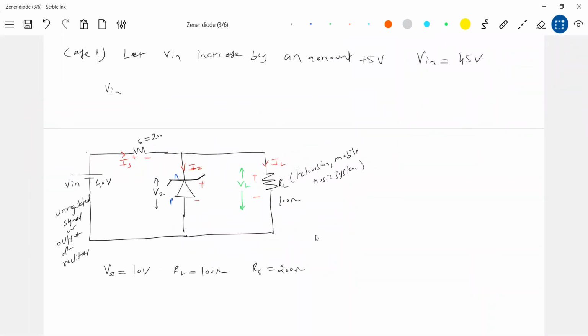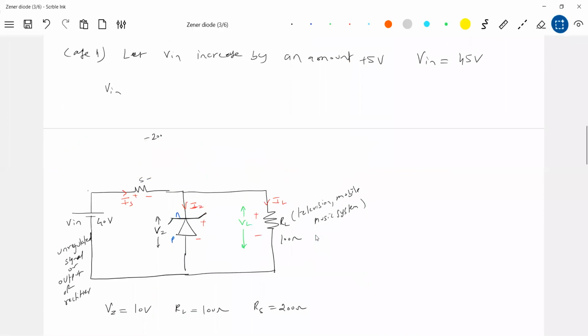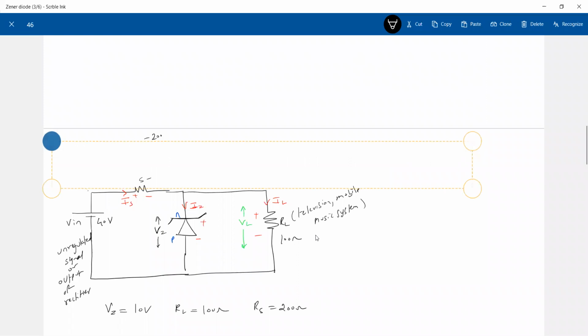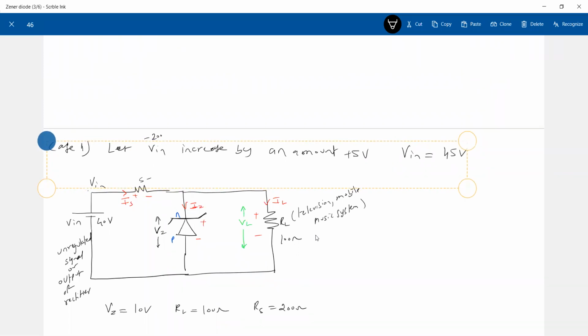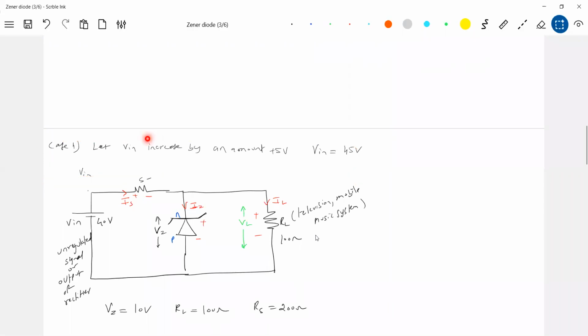So what should I write? 45 volt I should write for this. Earlier it was 40, now 45 volt.